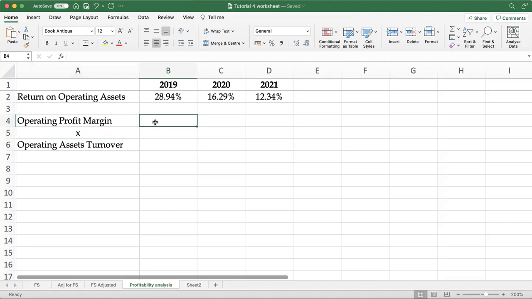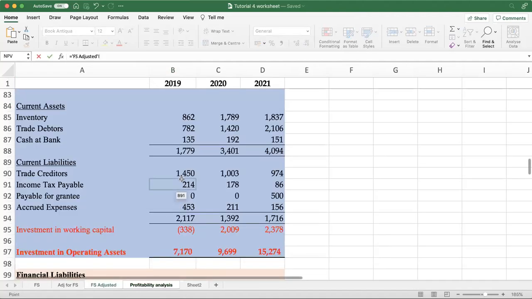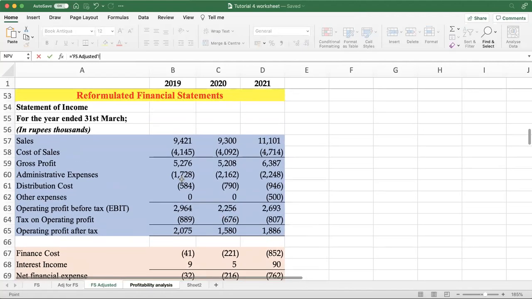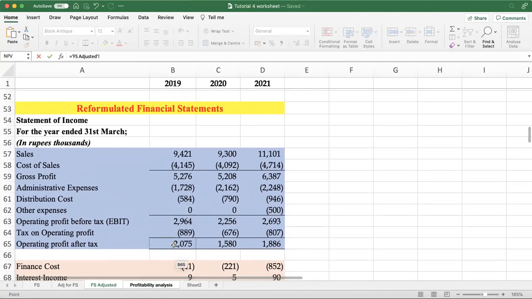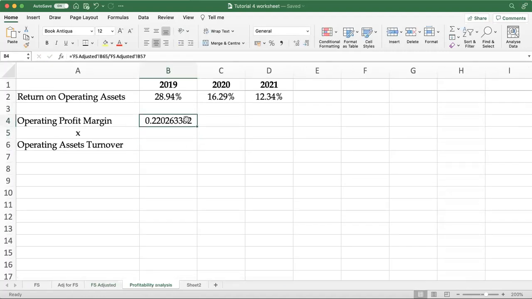Operating profit margin is operating profit divided by sales, which in your reformulated financial statements is operating profit after tax divided by sales. You see the operating profit margin.